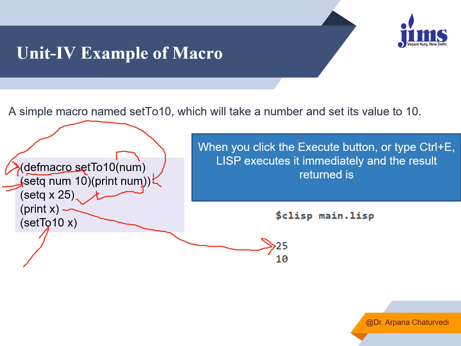Now I am calling the macro set-to-10 and passing the argument as x. This x is having value 25. This will go over here. But as I have again used one statement to set the value of num as 10, you see that the value of x which has been copied to num is now being reinitialized with 10 and printed over here.